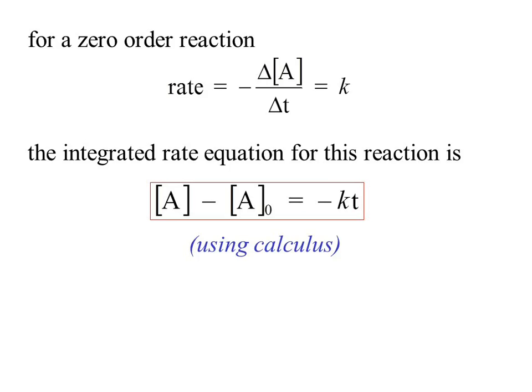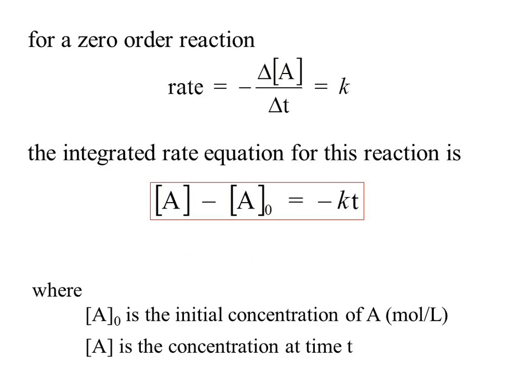It's been so long since I had calculus, so don't even ask. For 0 order, the molar concentration of A at any time minus the initial molar concentration of A, A zero, is equal to negative K times the time of interest. We might use that later.